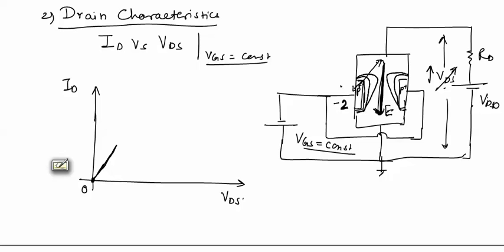But the field is becoming stronger, and charge carriers will flow with higher velocities and will determine higher drain current, and the current continues to increase linearly with VDS.